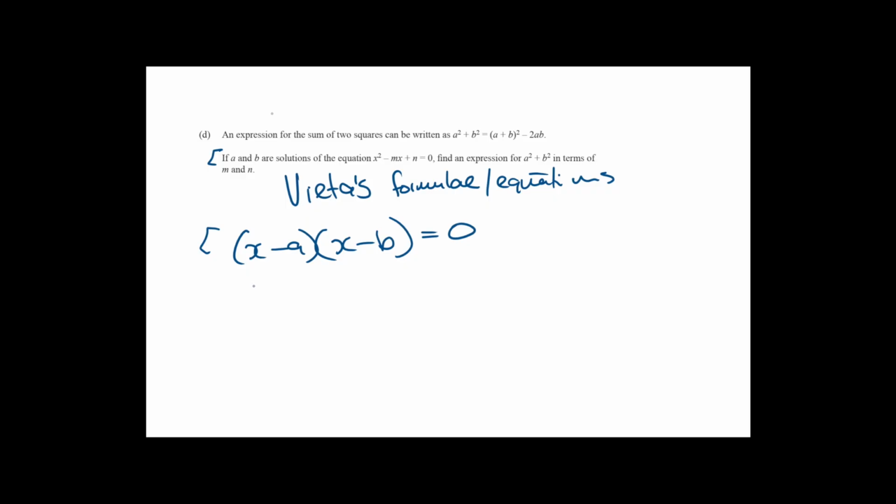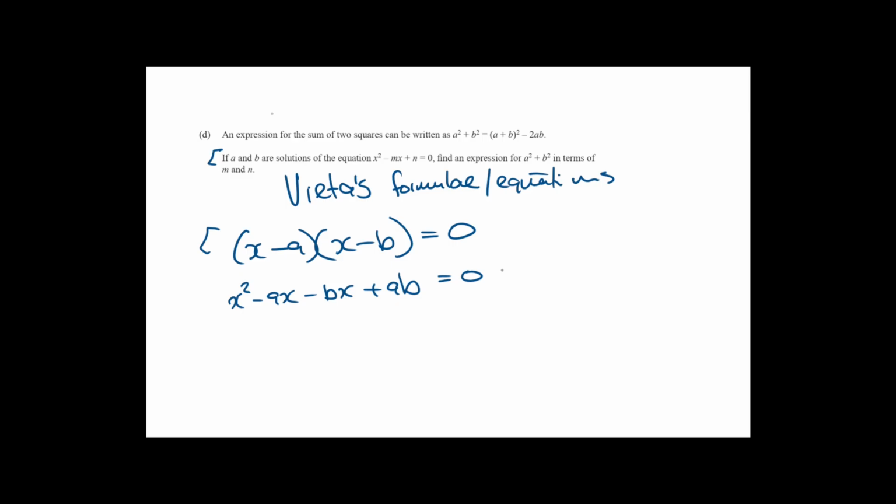So first, outer, inner, last. I'm going to do x squared minus ax minus bx plus ab, and that's going to equal 0.